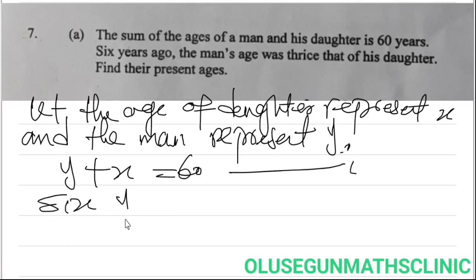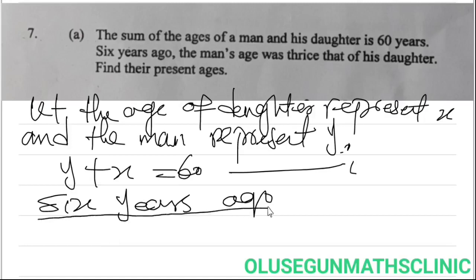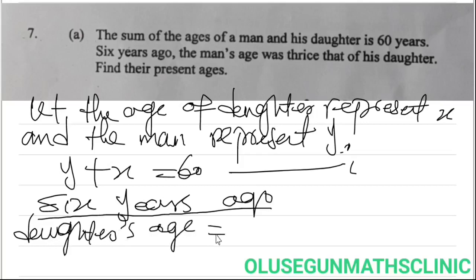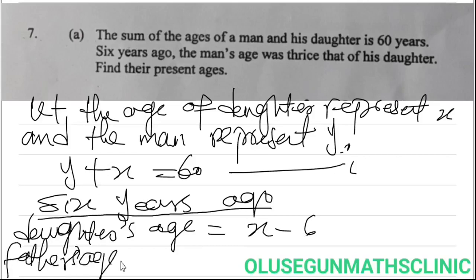Remember, 6 years ago, the daughter's age will be x minus 6, and the father's age will be y minus 6.